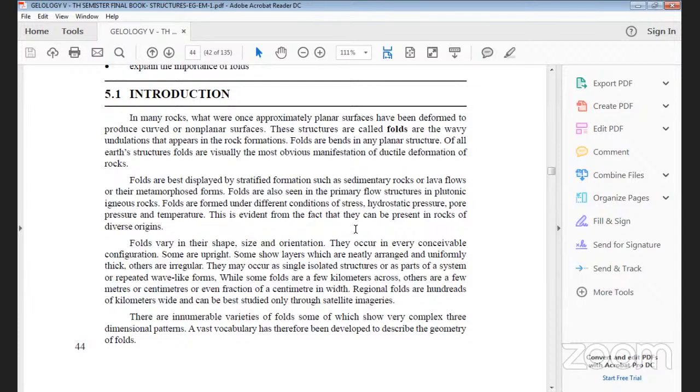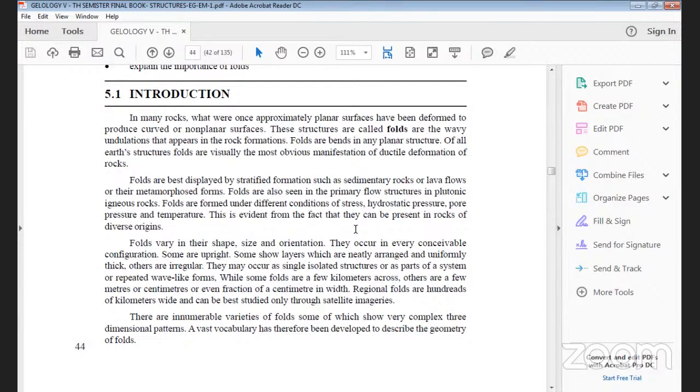Sometimes these folds are displayed best in the stratified formations, like we may see in sedimentary formations, or sometimes particularly in igneous formations by lava flow movements, or sometimes in metamorphosed forms also.